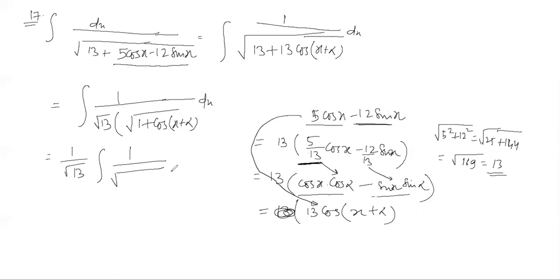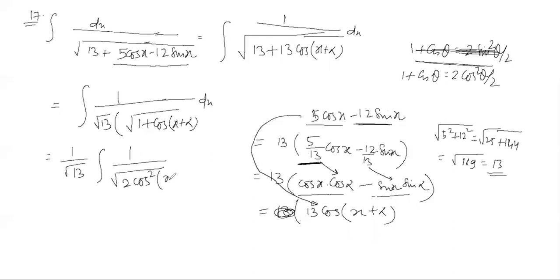We know the formula of 1 plus cos theta equals 2 sin square theta upon 2. Sorry, my mistake. 1 plus cos theta equals 2 cos square theta upon 2. That's why here the value would be 2 cos square x plus alpha upon 2.